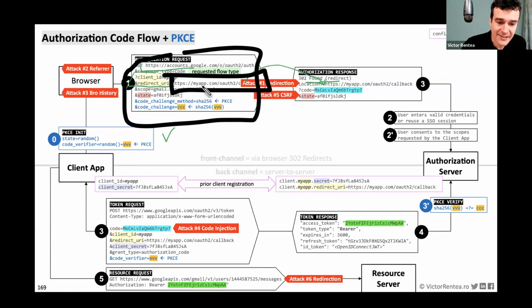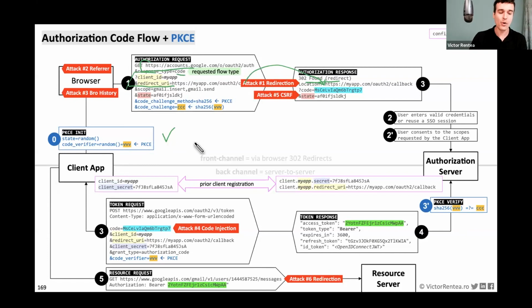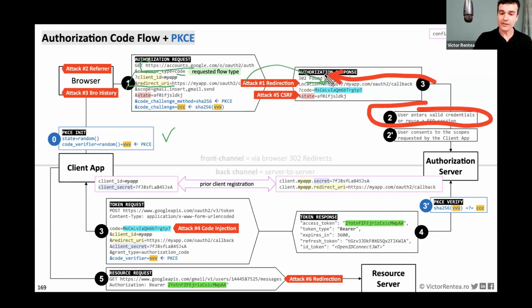Not getting you back to the URL of the application, not getting you back to the real client, getting you back to a URL under the control of the attacker. So if you click that link and if you log in, when you are redirected back, the code will reach the attacker. They will steal your code.